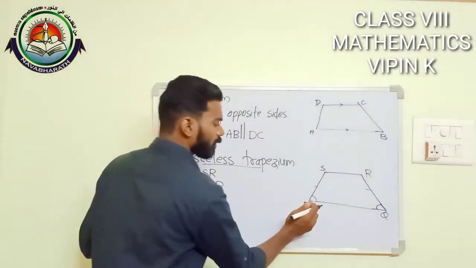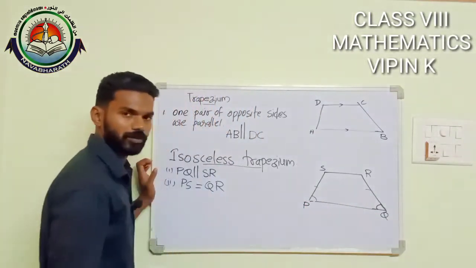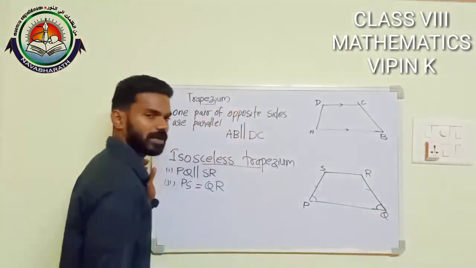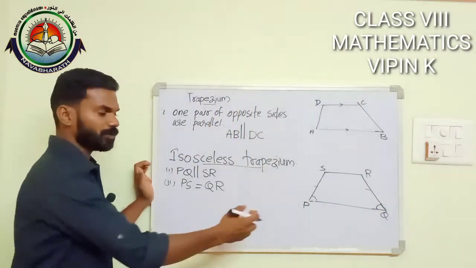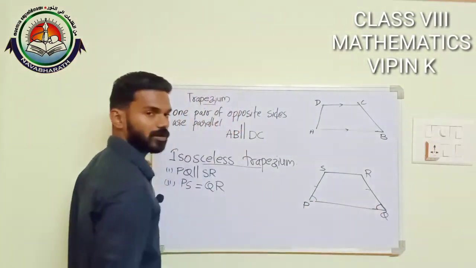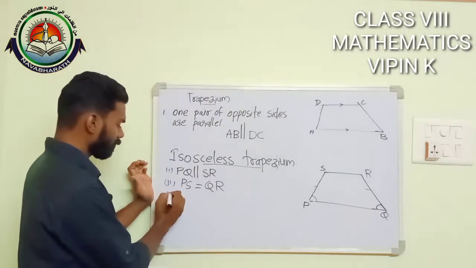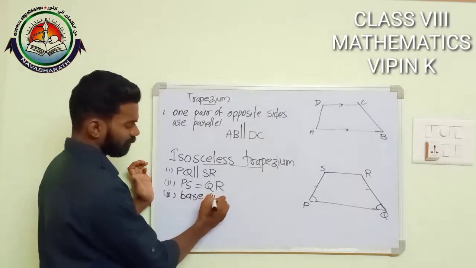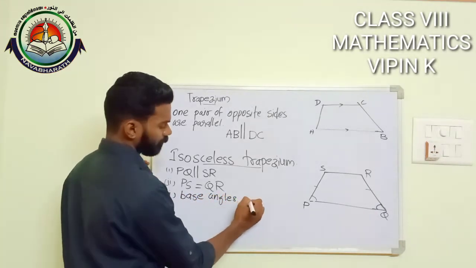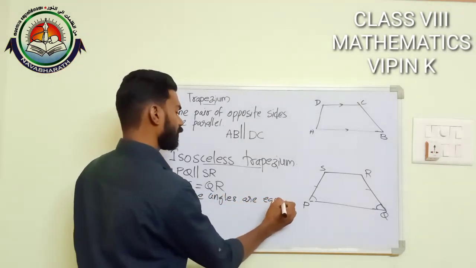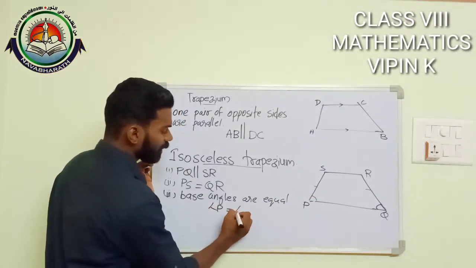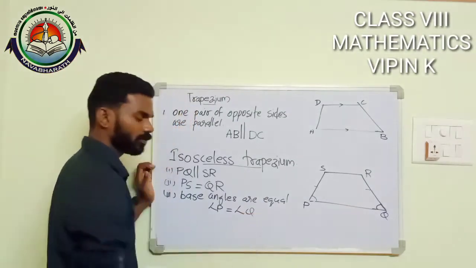They are formed on the same side PQ, and PQ can be considered to be the base. Clear? And those base angles are equal. Angles on the base, or base angles, are equal. Which are the base angles here? Angle P equals angle Q.